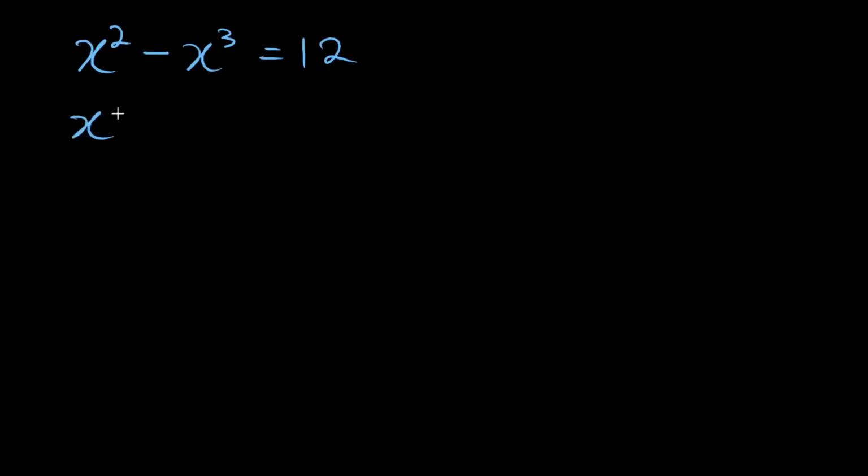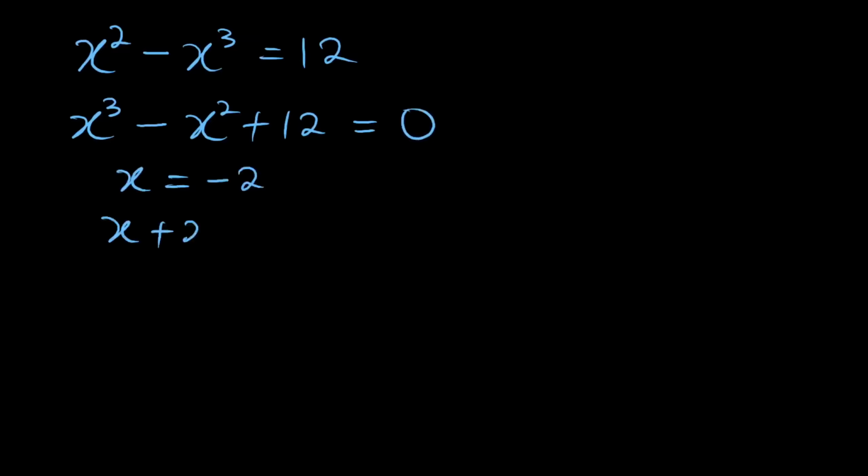So that will be x cubed minus x squared plus 12 is equal to 0. Now with this, we had that x is equal to minus 2, meaning that x plus 2 is a factor, right? x plus 2 is a factor.